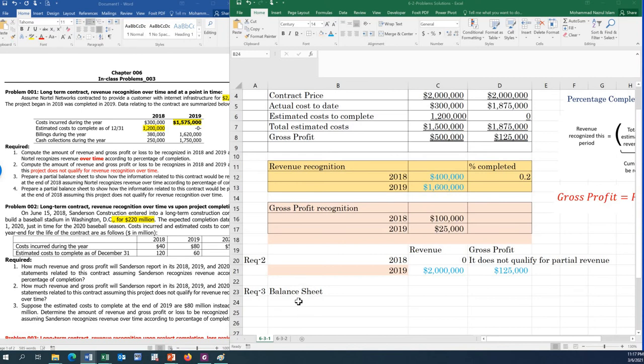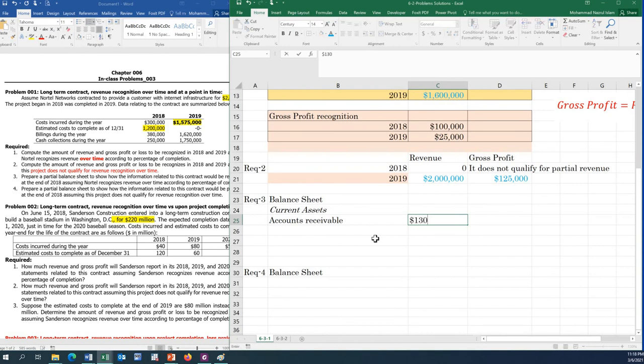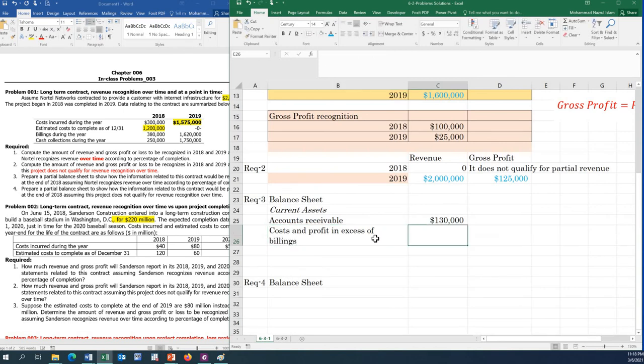And in the balance sheet, requirement 3, we have some current assets to be recognized, and that would be accounts receivable, which is equal to 130,000, and cost and profit in excess of billings, which should be 400,000 minus 380,000.